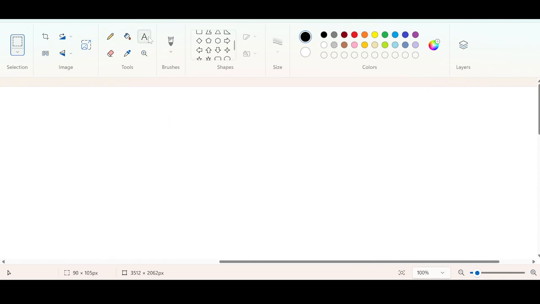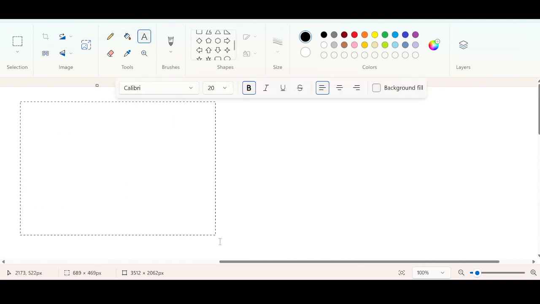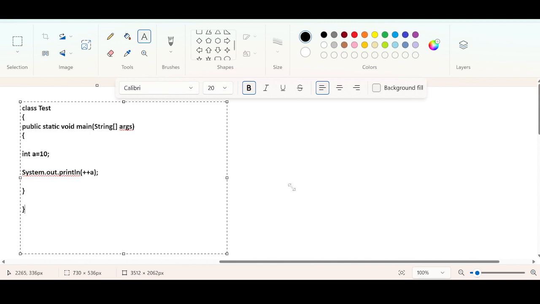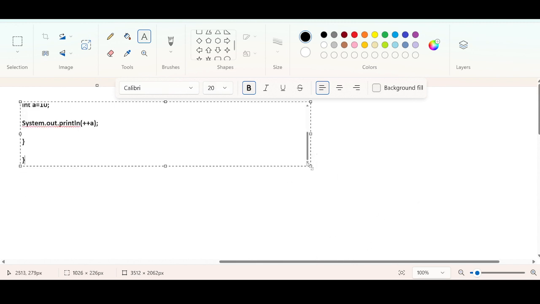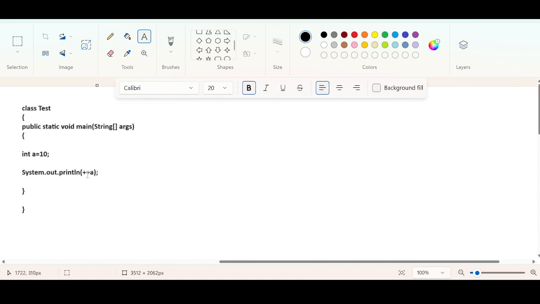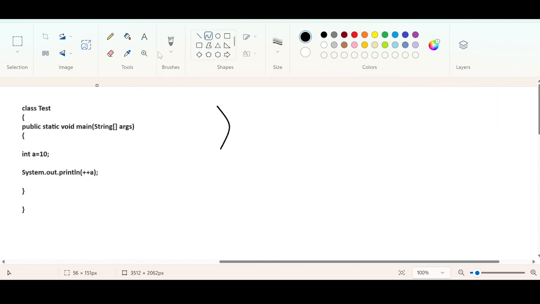Second example, pre-increment. Now focus here, guys. It will be a little confusing. Pre-increment is prefixing the plus operators before the variable, two plus operators before the actual integer variable. Again, the main method will be created, and all the instructions inside the main method will get executed.